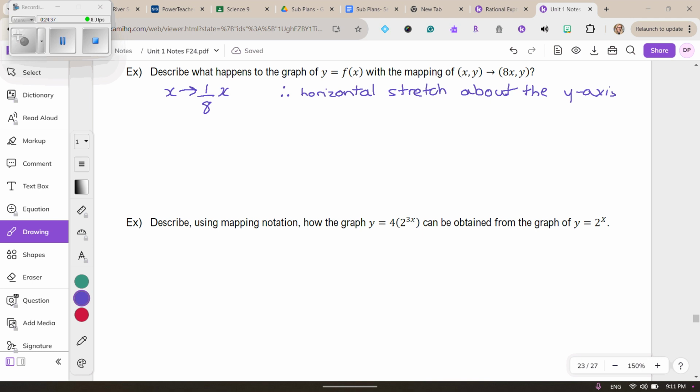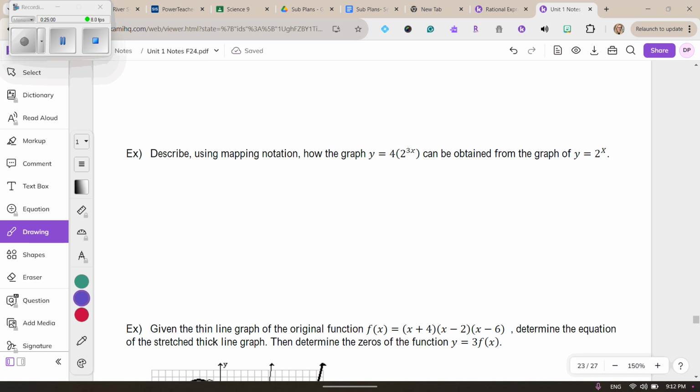We are getting used to this phrasing, by a factor of 8. So if our x-coordinate is multiplied by 8, it's going to get 8 times larger. So it's going to be a horizontal stretch about the y-axis by a factor of 8.